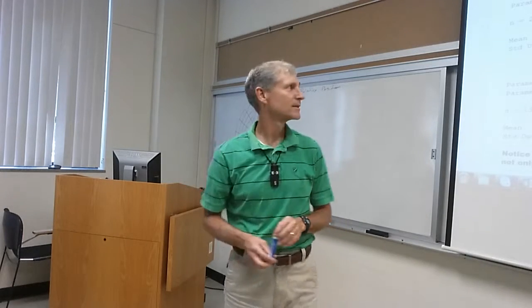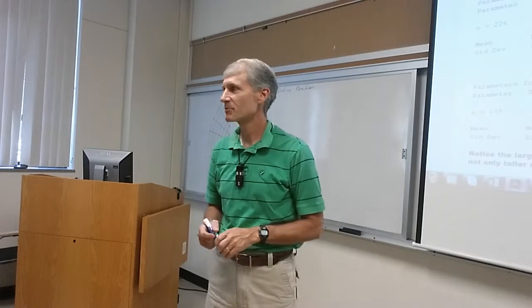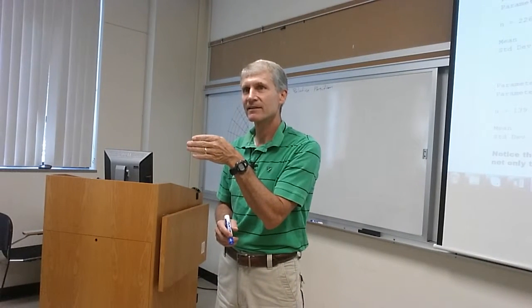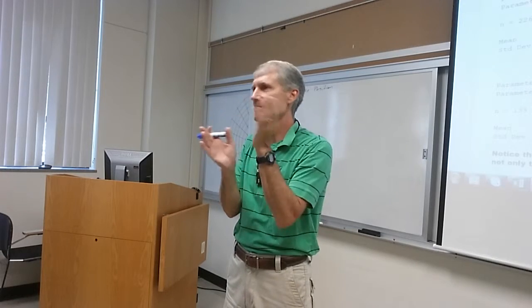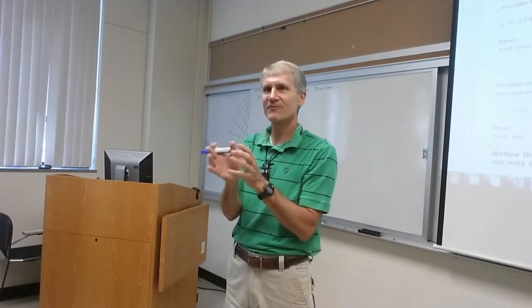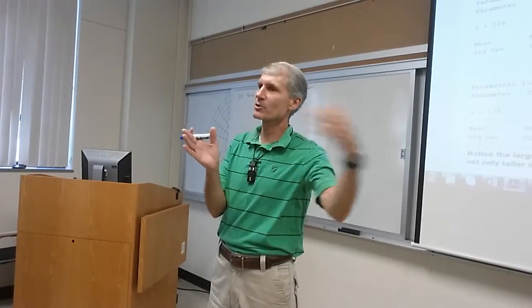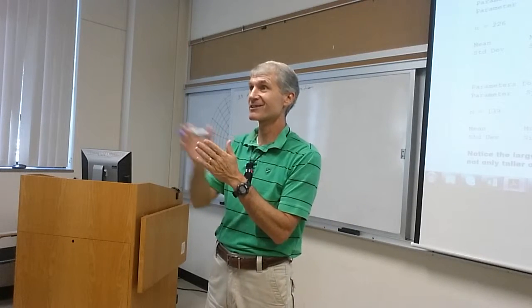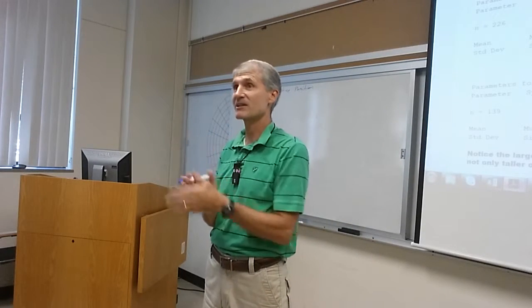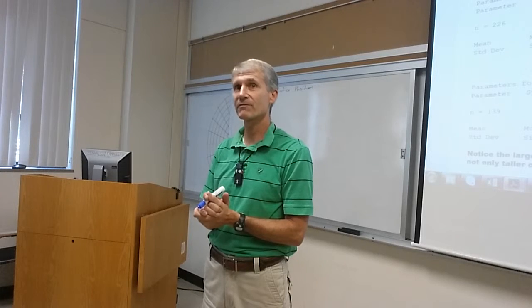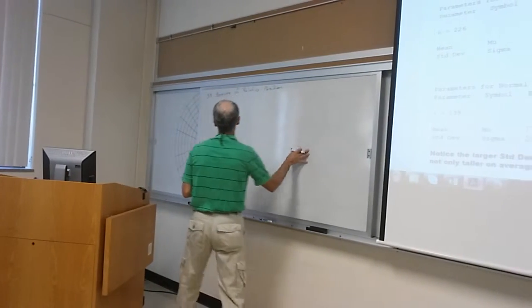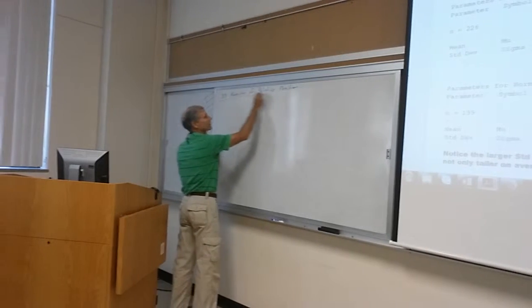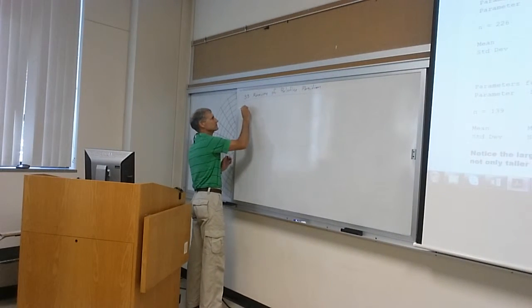So what's his relative position? It's pretty much right in the middle, isn't he? His relative position is about 50% of males are shorter than him and 50% are taller than him. He's about at the median, right? Or the 50th percentile. So that's our first measure that we're going to talk about, percentiles.